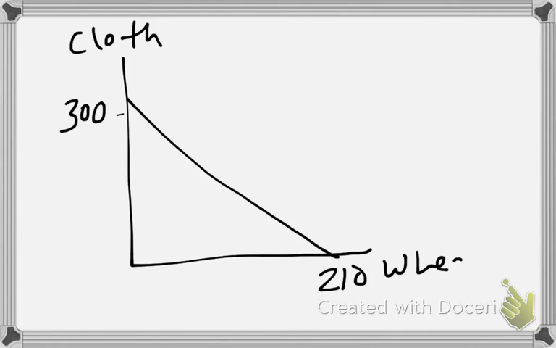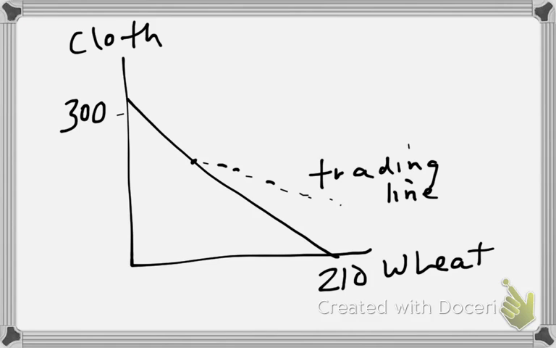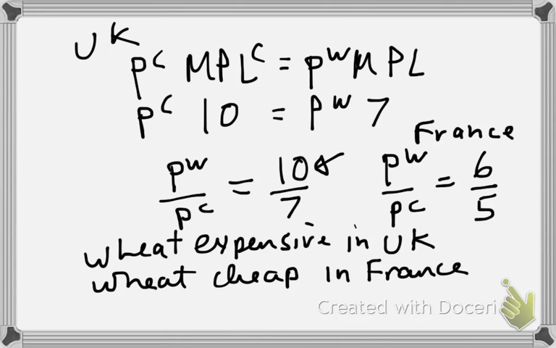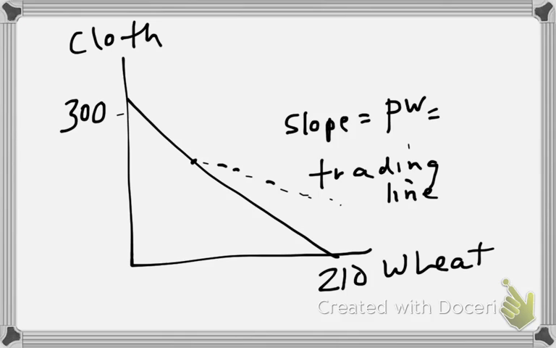The UK had comparative advantage in cloth, and so wherever it was going to be producing, it was going to be able to trade along the trading line. That's the world price. The slope is the world price. Remember that's important. The slope of this trading line equals PW over PC. This is world.